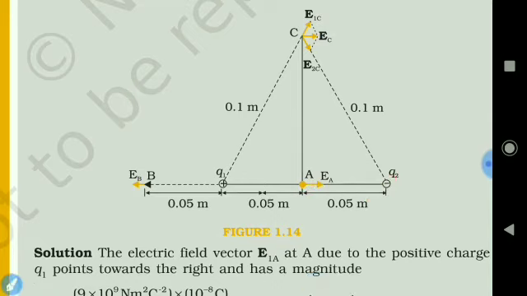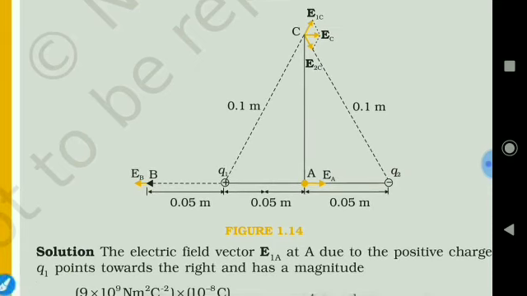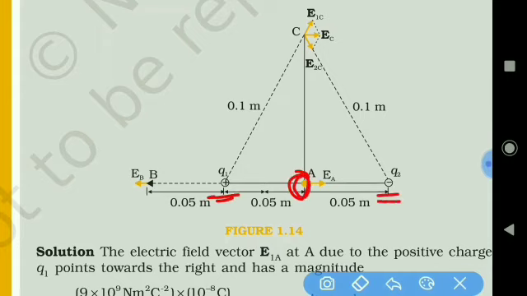So if we want to find the electric field at point A, then this electric field at point A due to these two charges will be in the same direction, and so the resultant electric field will be the summation of the electric field due to charge Q1 and due to charge Q2.